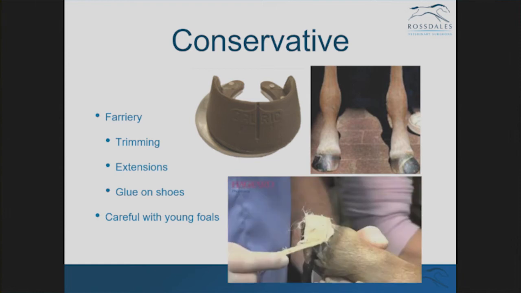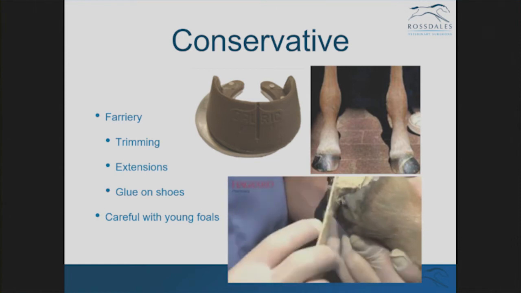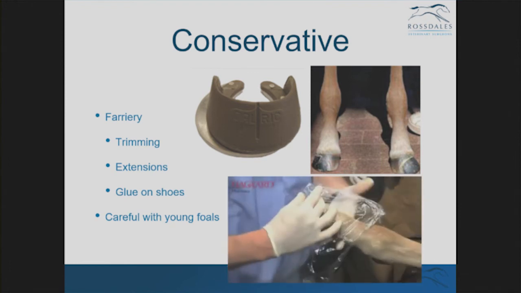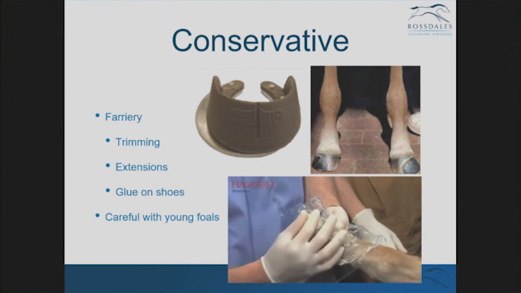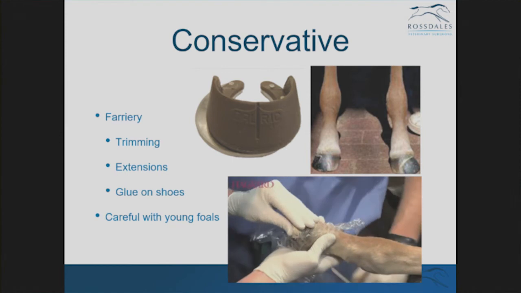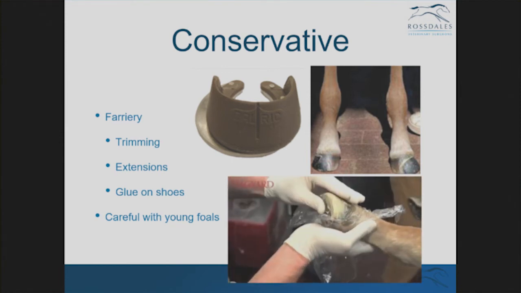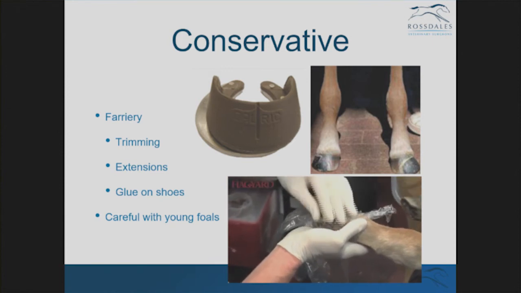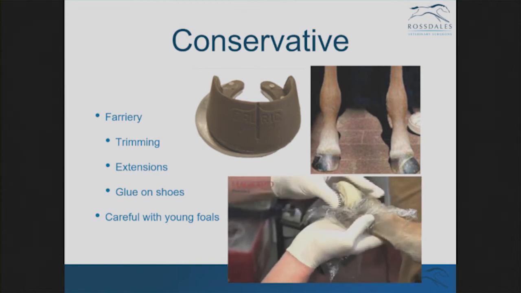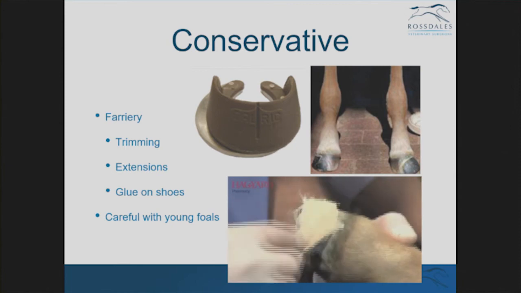This is going to increase the weight-bearing surface on the outside of the foot, which is going to allow more force to be driven through it, and as a result, it's going to slow that growth plate down a little bit and encourage the foal to push the toe out a bit more. So this would be a common first-line treatment approach to a foal with varus fetlocks. I think you do have to be quite careful with young foals with the extremeness of the extension. It doesn't need to be too big or putting too much torque on those little feet.